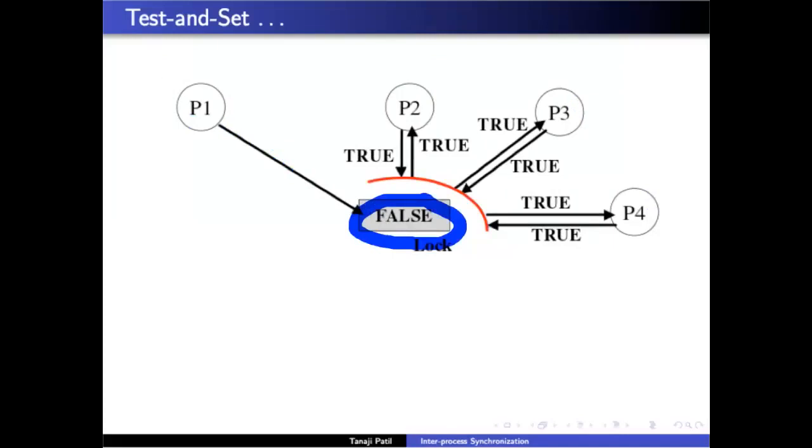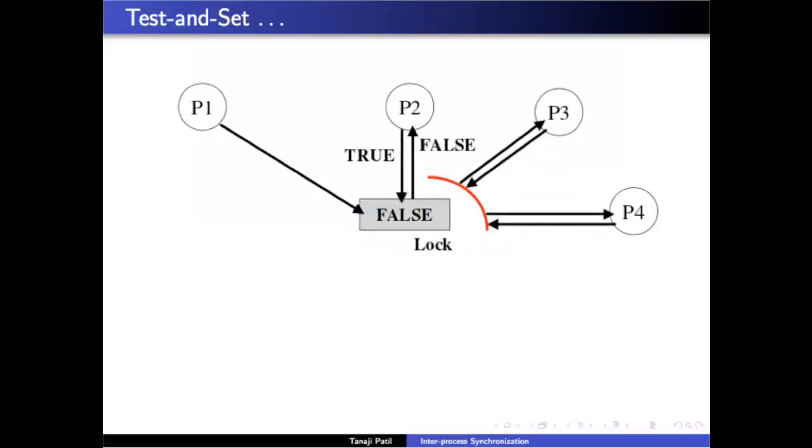As soon as this becomes false, there is a race condition between P2, P3 and P4. They will compete to see who will acquire the lock. Out of P2, P3, P4, whichever process is selected by the scheduler will get the value of false. Say, for example, in this case, P2 got the value of false.